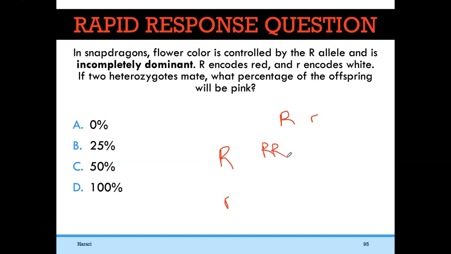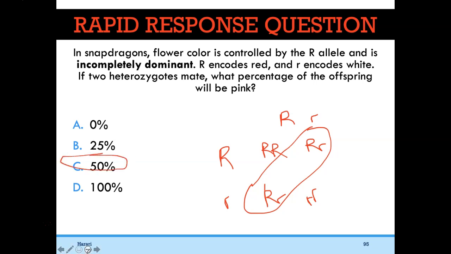We're going to have big R, little r, big R, little r, big R big R, and little r little r in our Punnett square. What percentage will be pink? 50%. Right? 50% will be pink.